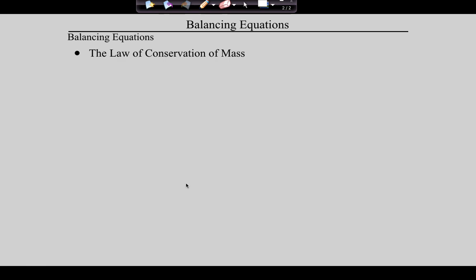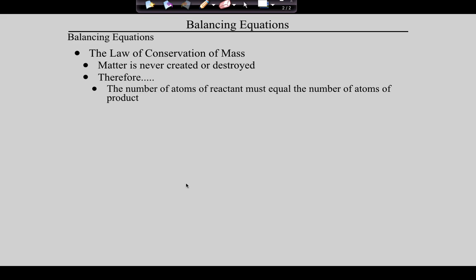So writing this down would be unnecessary, but it is worth reminding ourselves that if matter is never created or destroyed, everything that goes in has got to come out. So the number of reactant atoms has got to equal the number of product atoms, and if that's not the case, we violated the law of conservation of mass. And guys, that's what balancing equations is all about, making everything that goes in come out.